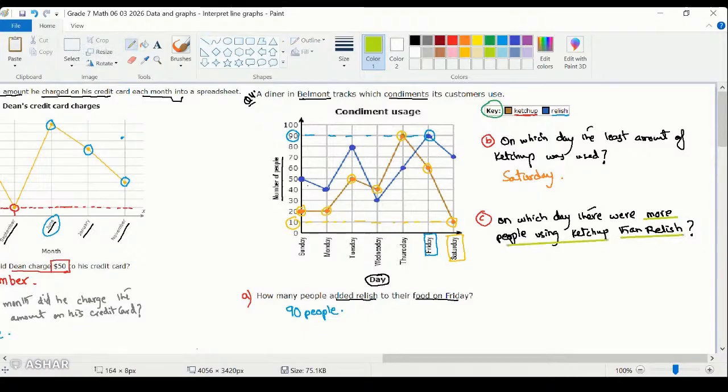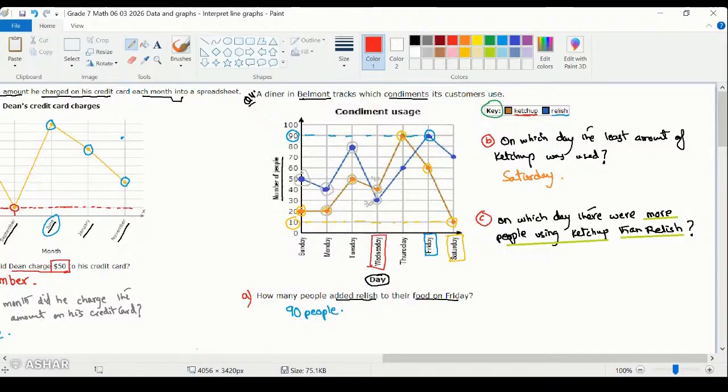On Sunday there were more people using relish, right? Relish was higher. On Monday, more people using relish because ketchup is lower. On a Tuesday, more people are using relish, less people using ketchup. Agreed? But on a Wednesday, the people using ketchup were 40 and the people using relish were 30. That means Wednesday is possible.